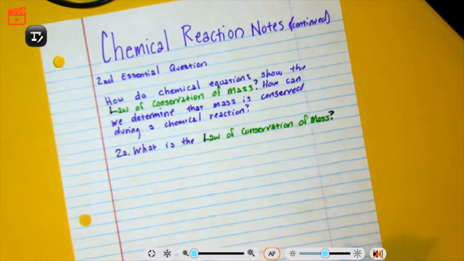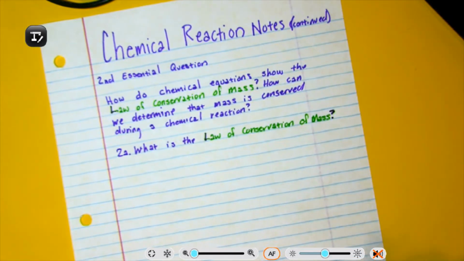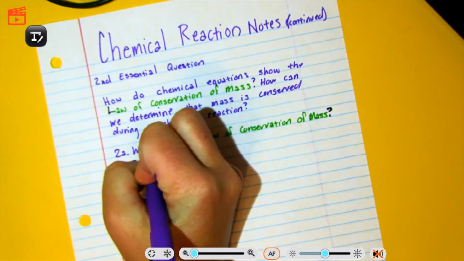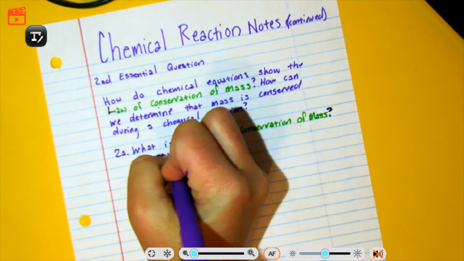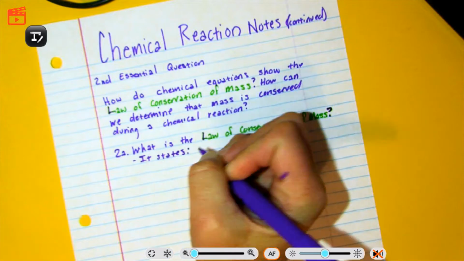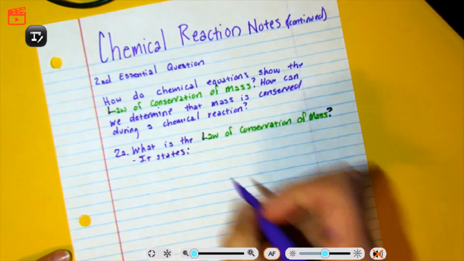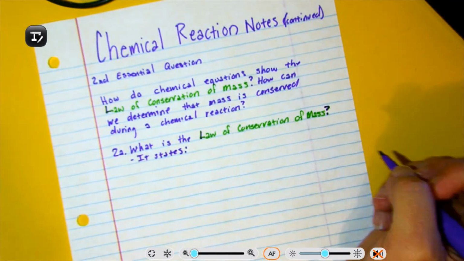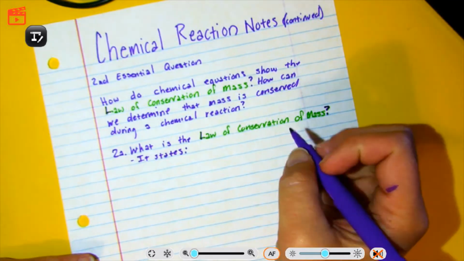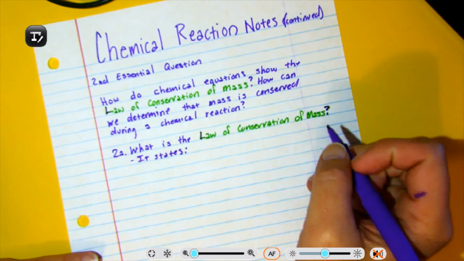So if we think about this, when we did our vocabulary, we talked about, well, what does conserve mean? All right, and then we have mass. So it states whatever mass that we start with, we're going to end up with, because we're conserving mass. We're pretty much like saving it, right? We can't lose any and we can't gain any.